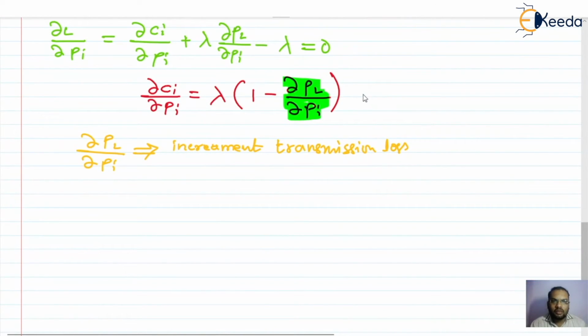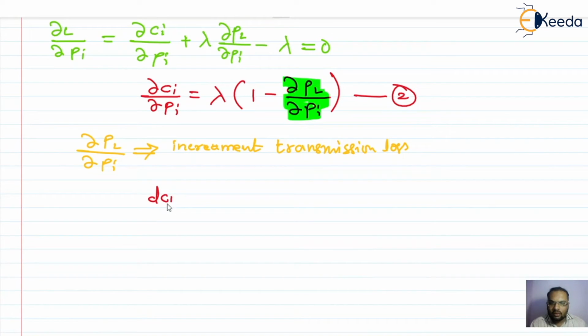I'm going to further expand this. I'm writing this as differentiation of Ci with respect to Pi, it is lambda minus lambda into dou PL with respect to Pi.